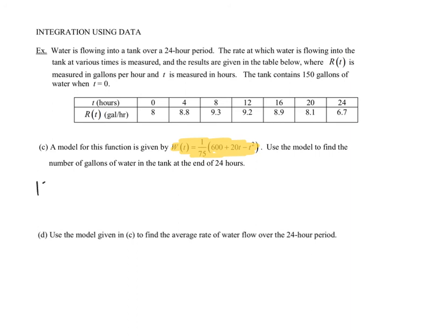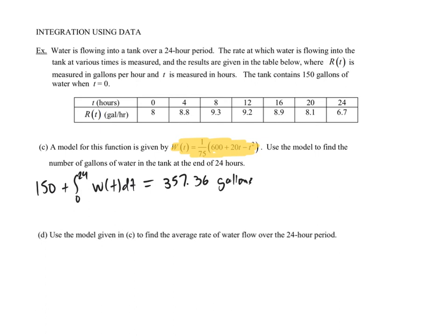So once again, I'm going to have my initial value of number of gallons of water in the tank, plus the integral from 0 to 24 of W of t dt, since that's representing my rate. Now I'm just going to use the calculator to evaluate this, even though we could do this problem by hand, and this is going to give us 357.36 gallons.